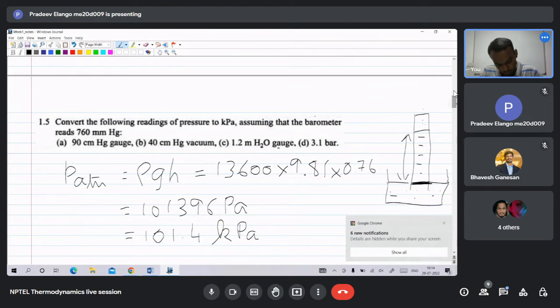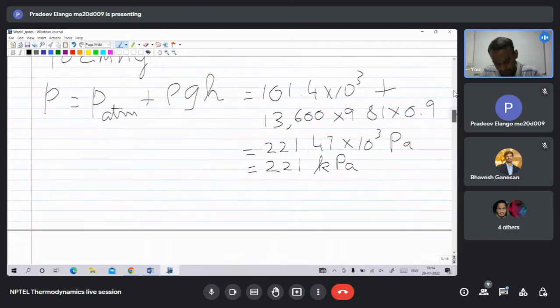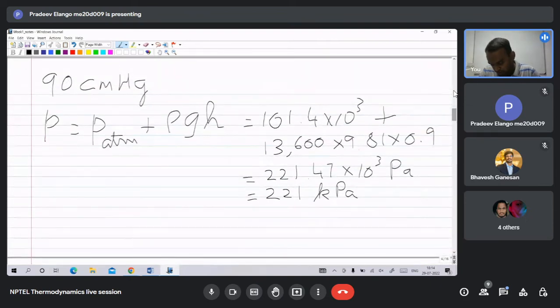So the total pressure is given by the atmospheric pressure plus the gauge pressure. So atmospheric pressure we have calculated earlier, and now the gauge pressure is rho gh, and we have substituted the density, g and h values, and we have got the absolute pressure for 90 centimeter mercury gauge pressure.